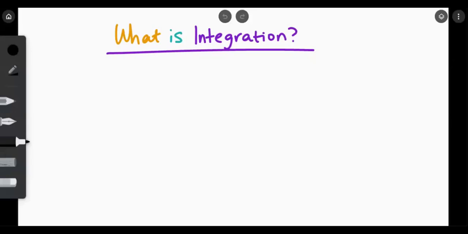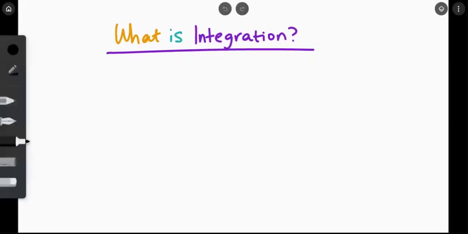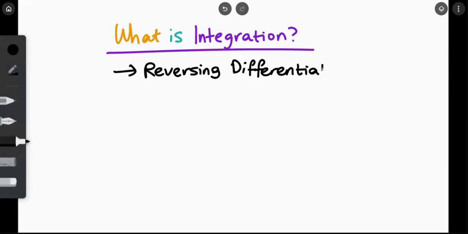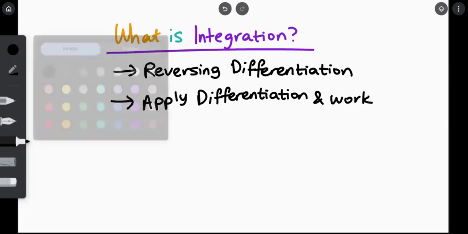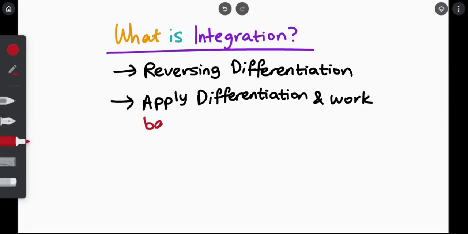The first thing I need you all to take note of is that with integration, we are basically reversing differentiation. When I say we integrate something, it means we are going to apply differentiation and work, and this is a keyword, work backwards.